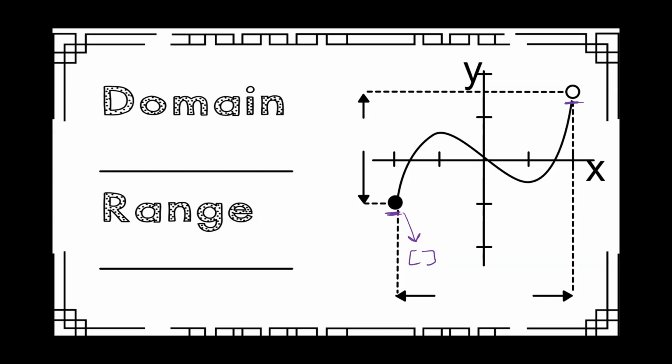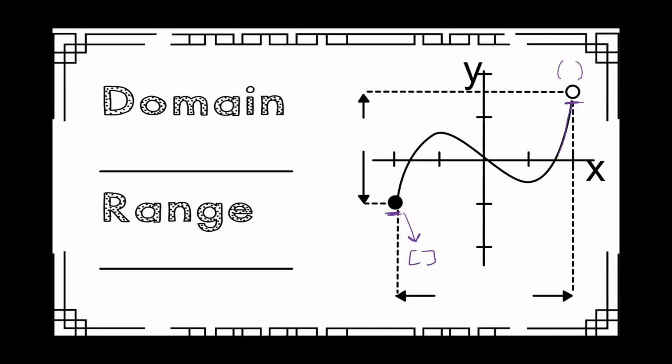If it's closed, it means it's included in the graph. If it's open, that means there is a gap, and that number is not included. So that means I can have every number all the way till I get to 2. So I can have 1.999999, but I can't have 2. Okay, so in order to represent the 1.99999, we have to use parentheses.